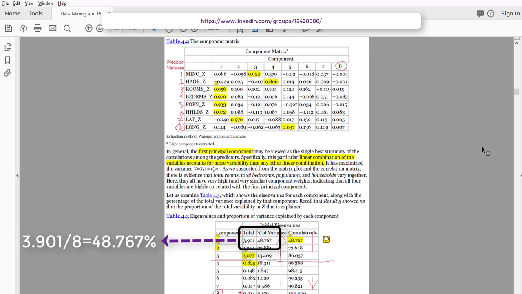Okay. So this example is very good because it puts into practice the theory that we have seen before. We have a model in which the response variable, or target variable, as we call it in the class, is the mean value of the houses.